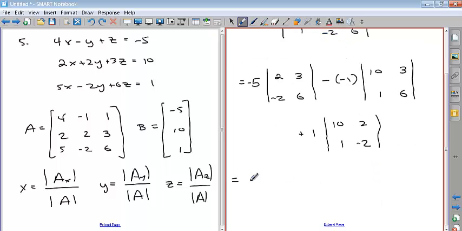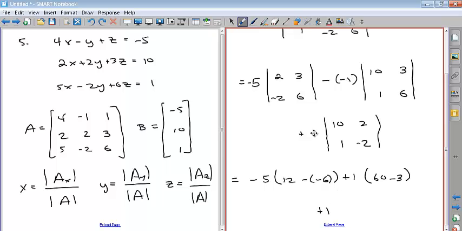Okay, now we'll do the determinants. So you get negative 5, you get 12, 2 times 6, minus a negative 6. Okay, the next one is plus 1 times 10 times 6 is 60, minus 3 times 1, which is 3.